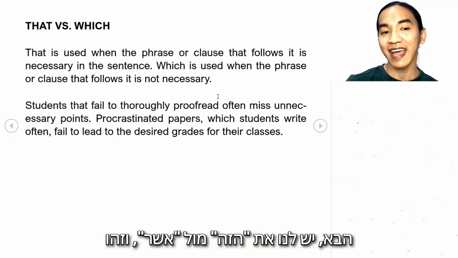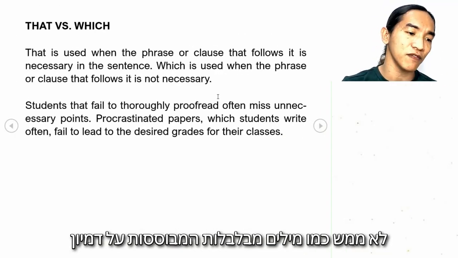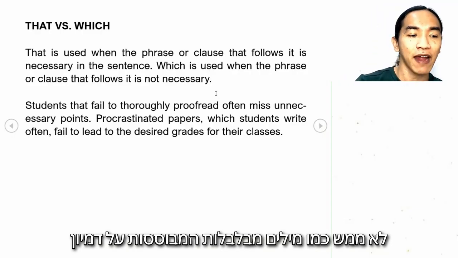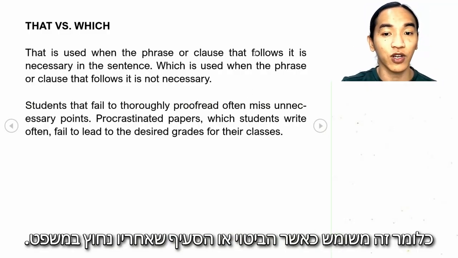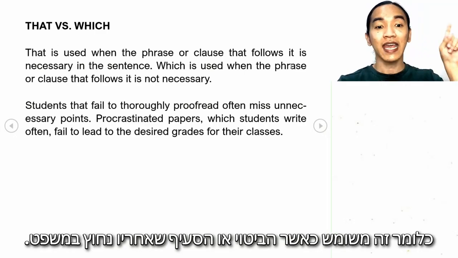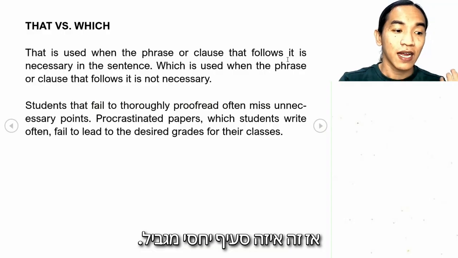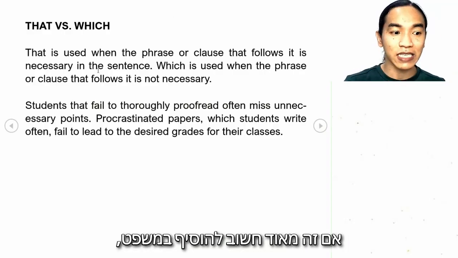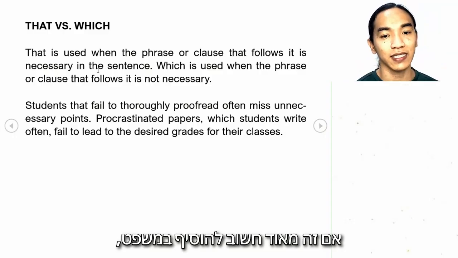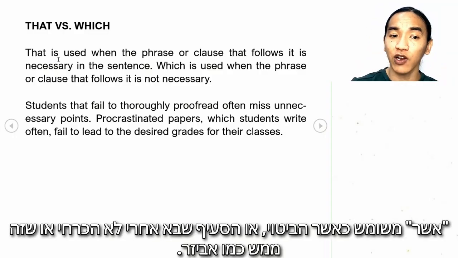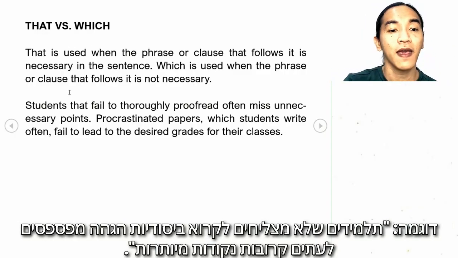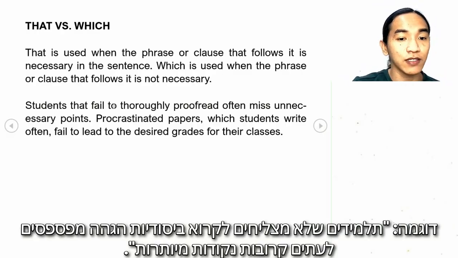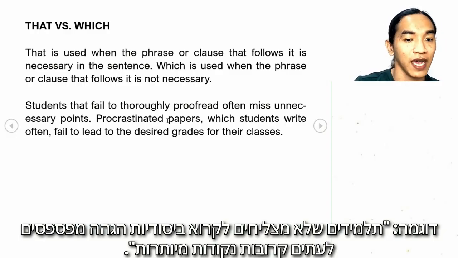Next one, we have that versus which. This is not really confusing based on similarity in the pronunciation or sounds or meaning. That is used when the phrase or clause that follows it is necessary in the sentence. So this is a restrictive relative clause, if it is very important to the sentence. Which is used when the phrase or clause that follows is not necessary, just an accessory detail. Example: students that fail to thoroughly proofread often miss important points.